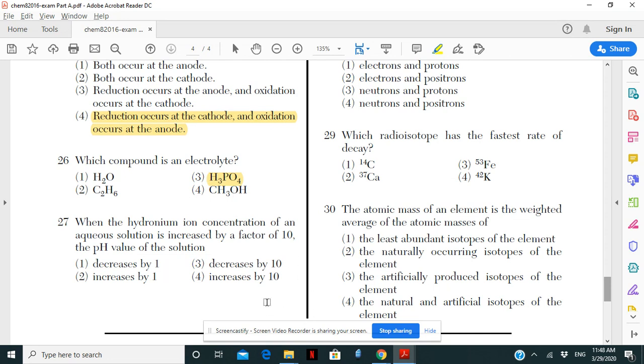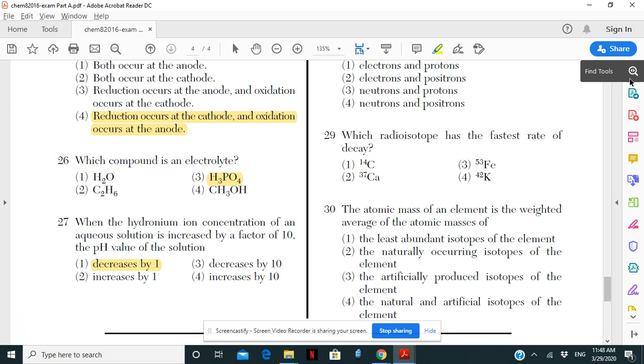When the hydronium ion concentration of an aqueous solution is increased by a factor of 10, the pH value of the solution... So when it increases, the pH will decrease by 1. Why? For example, let's say the concentration is 10 to the power negative 5. Increased by 10 means I multiply by 10, so 10 to the power negative 5 times 10 is 10 to the power negative 4.